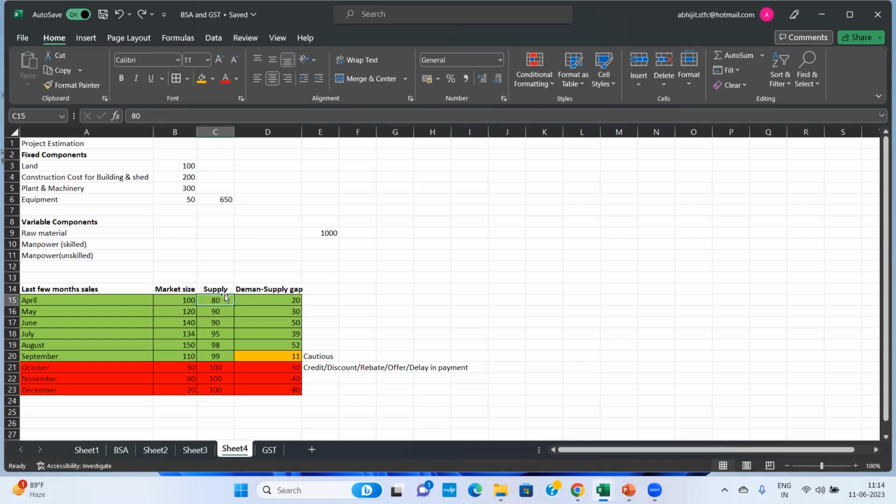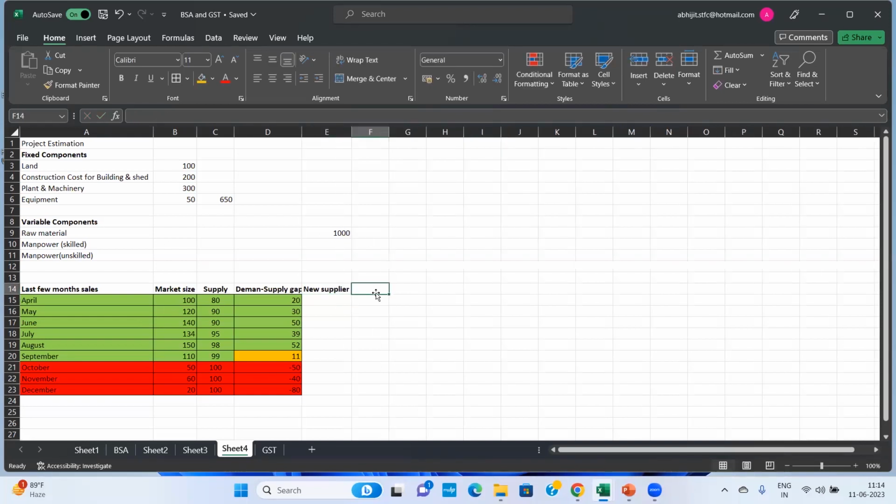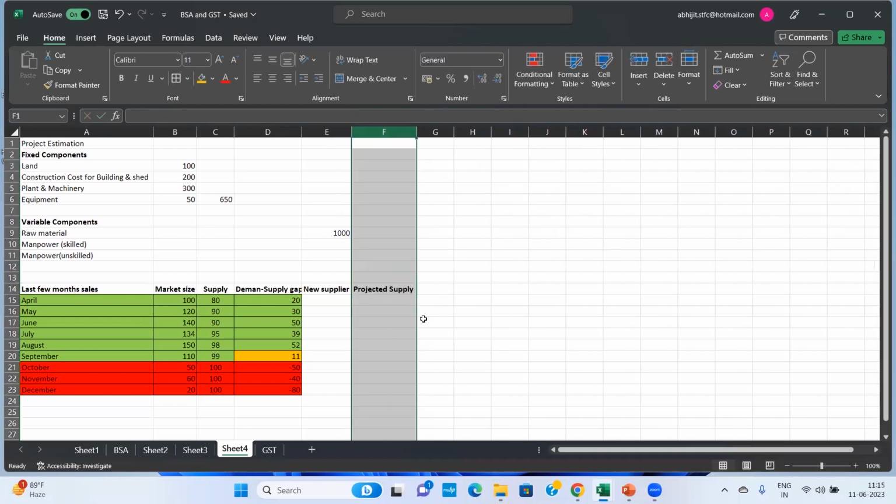So this is a historical demand supply gap analysis. Additionally, what I need to do is understand the new suppliers. Next is projected supply, which will consist of the existing suppliers and the new suppliers.